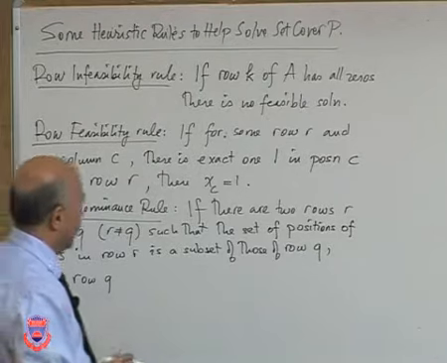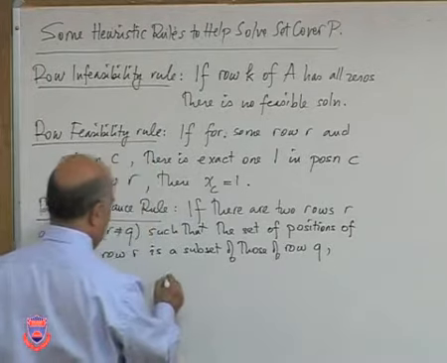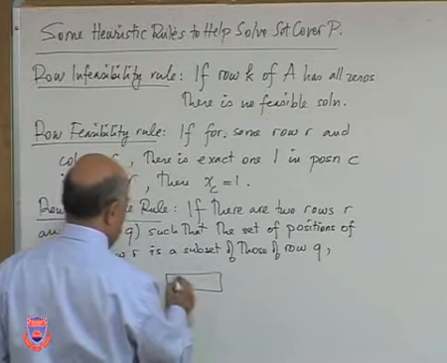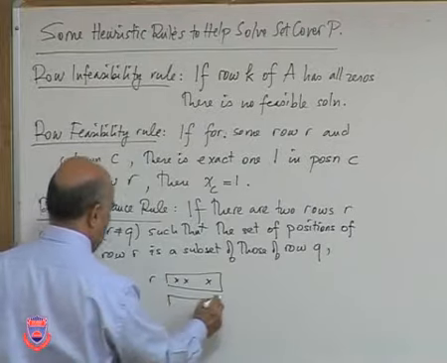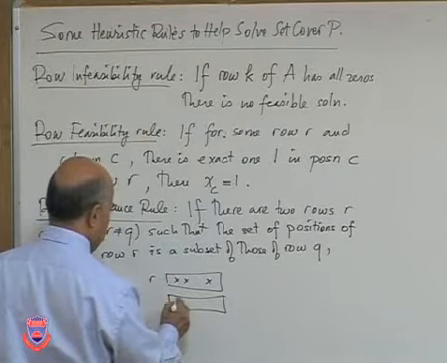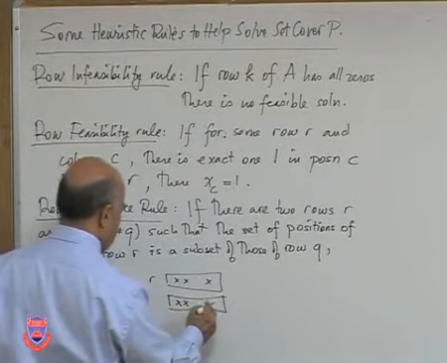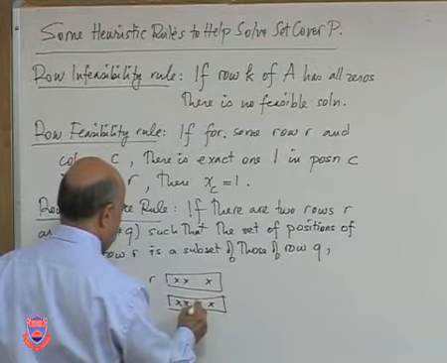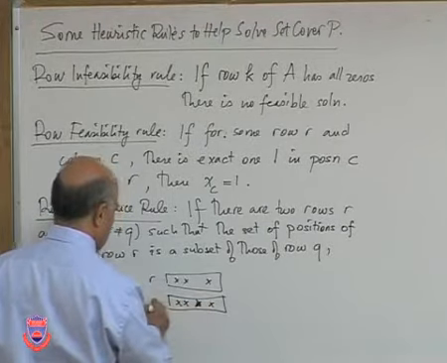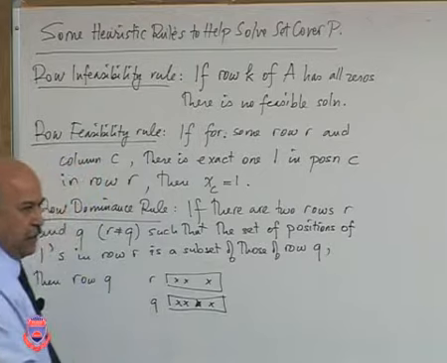So you have one row, in this case, row R. The positions for ones in R is a subset of positions of ones in row Q, for example, like this.